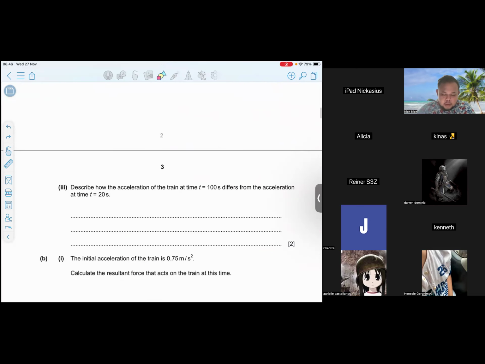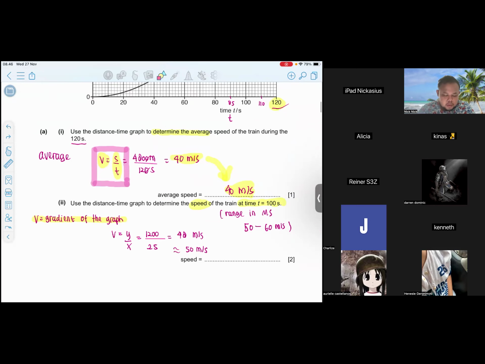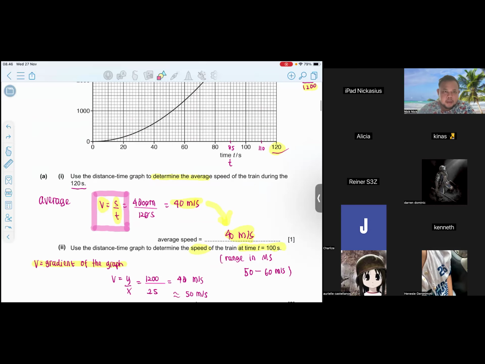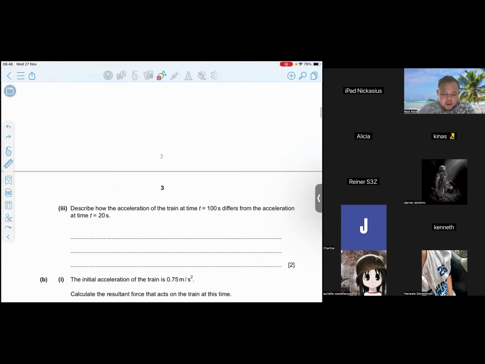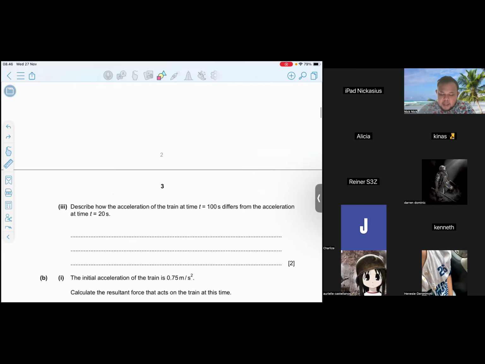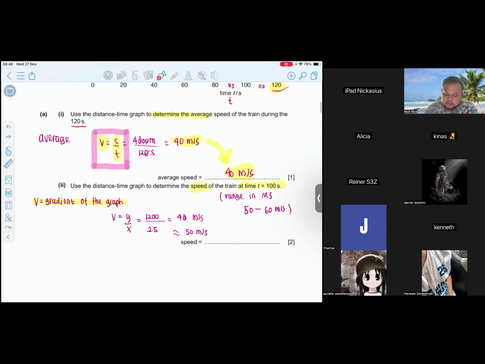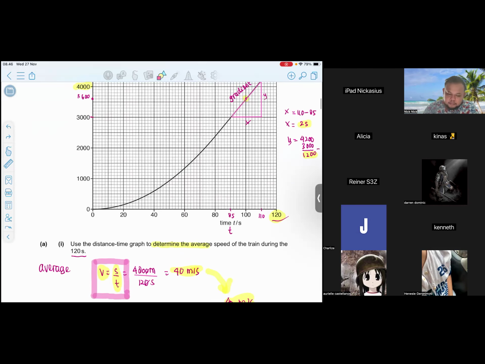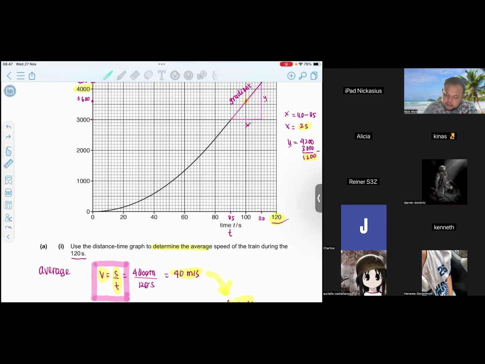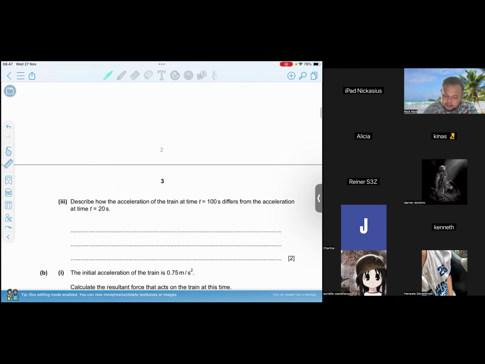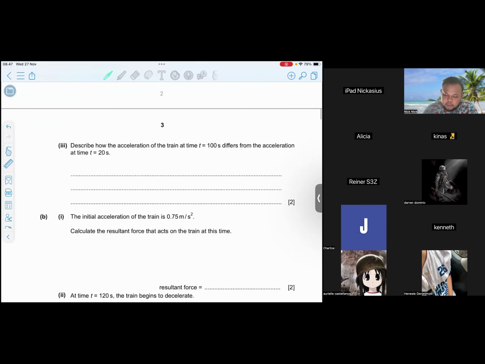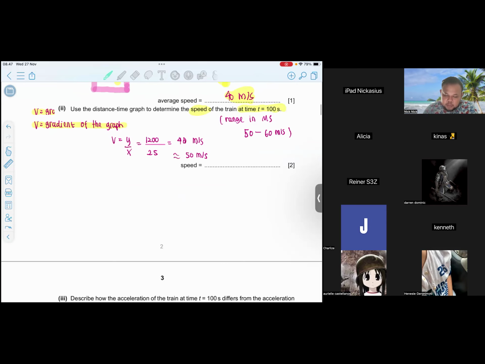Now, 2A2. Now, 2A3. Describe how the acceleration of the train at t equals 100 seconds differs from the acceleration at t equals 20.